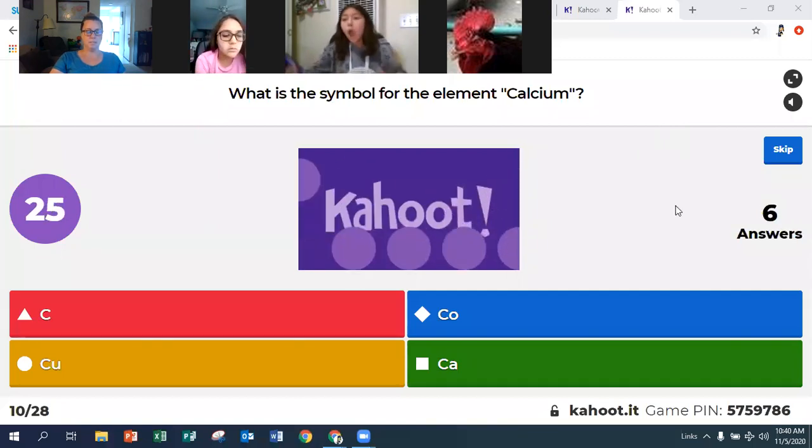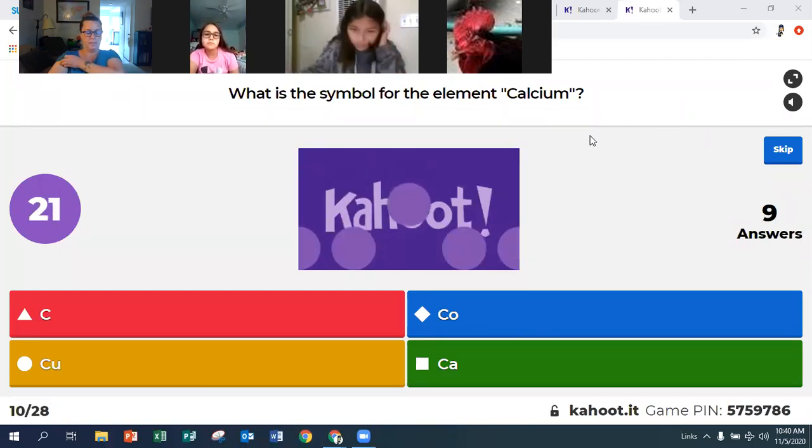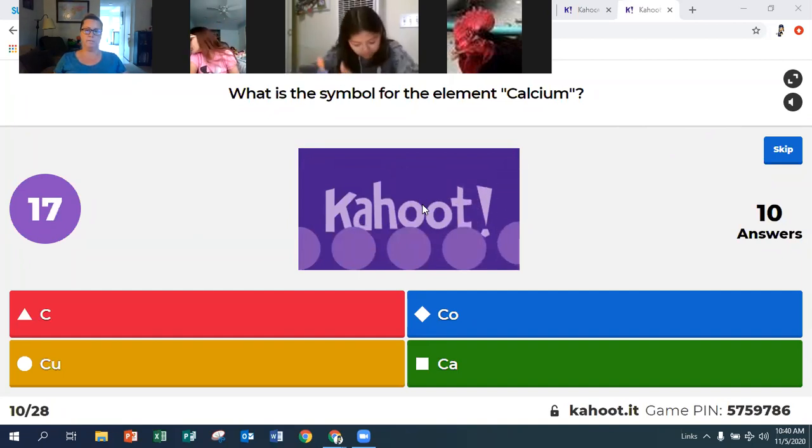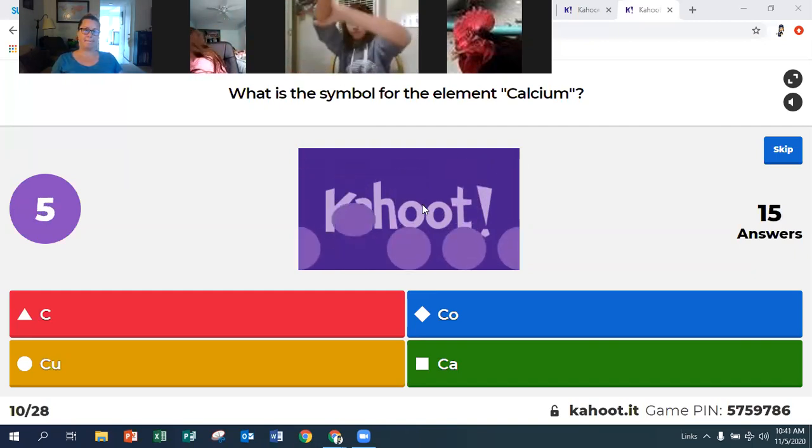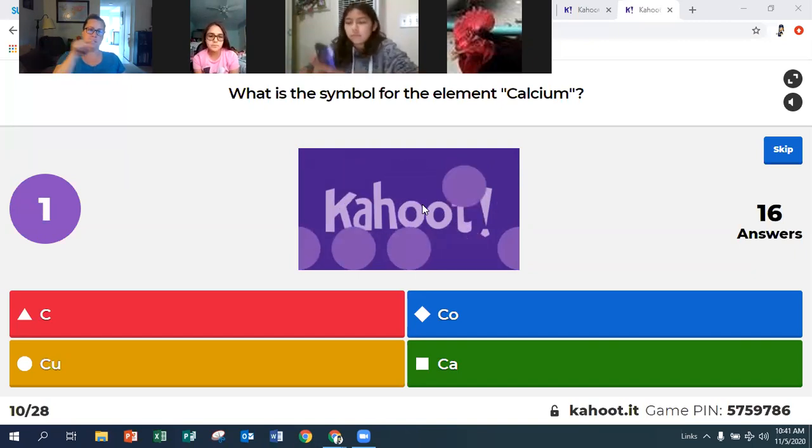Calcium is a metal. Look in period 4 for calcium. Remember, your periods run east to west.